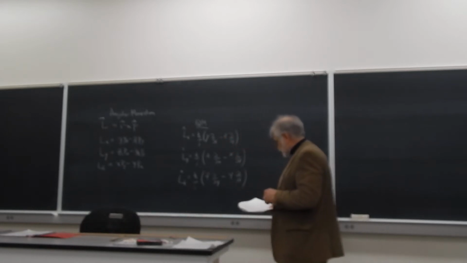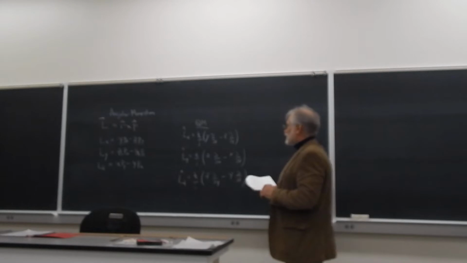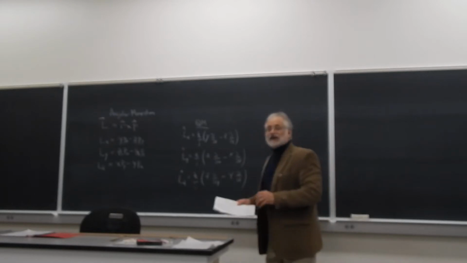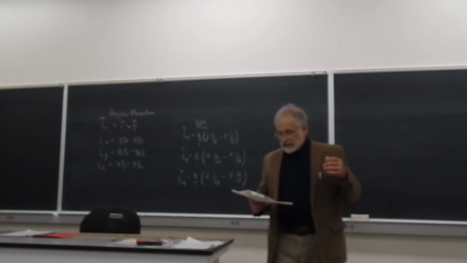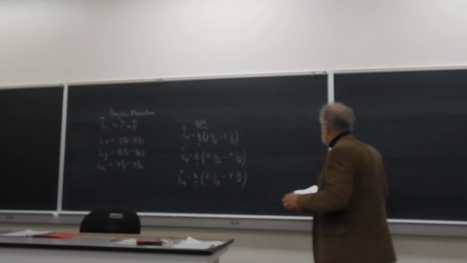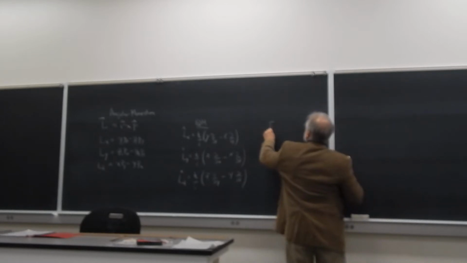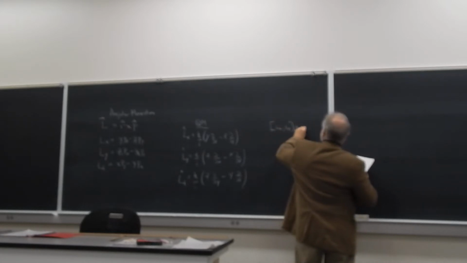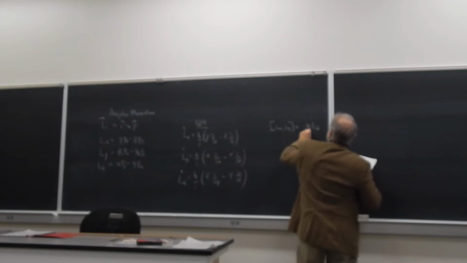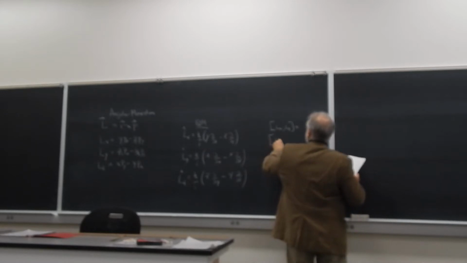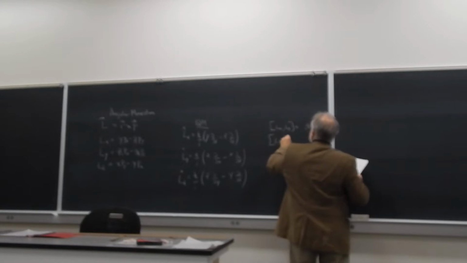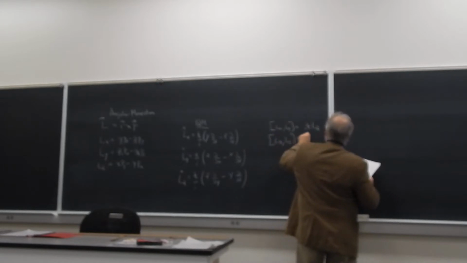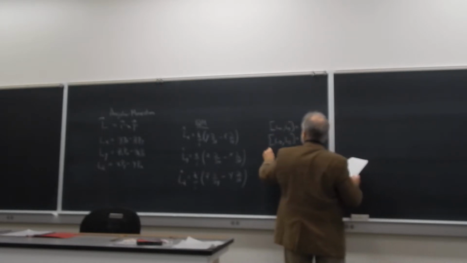Note, first thing you're going to notice is, of course, that they don't commute. In fact, we can write the commutators in the following way. [Lx, Ly] is equal to i h bar Lz. [Ly, Lz] is equal to i h bar Lx.